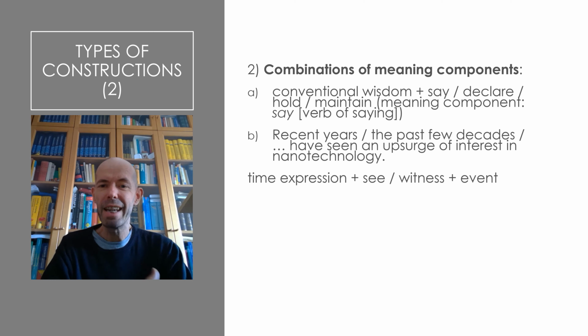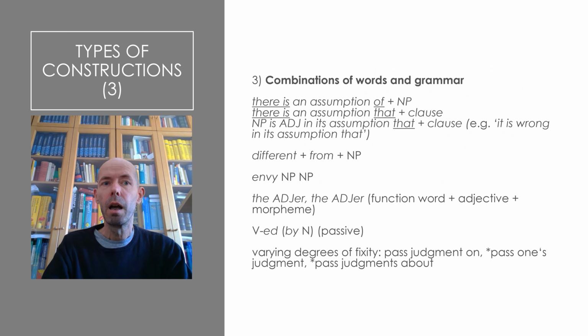It's a kind of animistic construction where the subject is personified, and this is somewhat less frequent in German, I'd say, than in English. So the second type of construction we've been looking at here is a combination of meaning components.